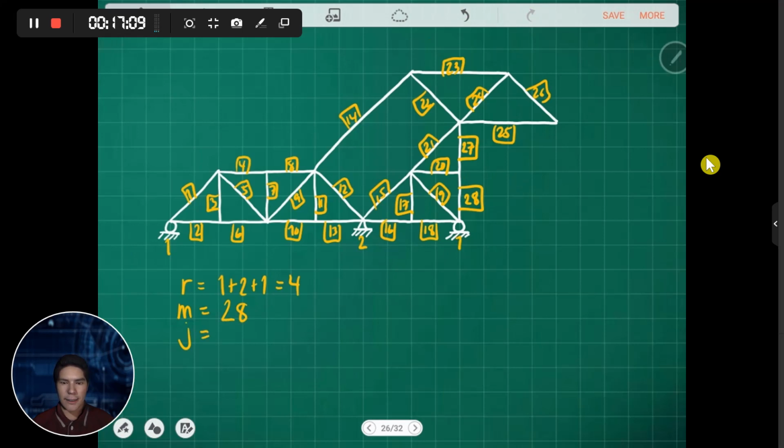Number of joints, we have 1, 2, 3, 4, 5, 6, 7, 8, 9, 10, 11, 12, 13, 14, 15, 16. So we have 16 joints.